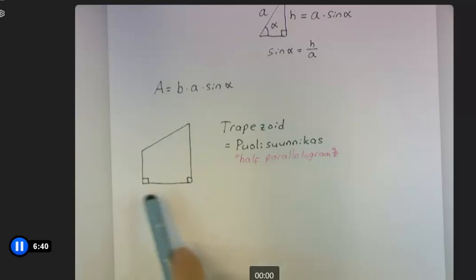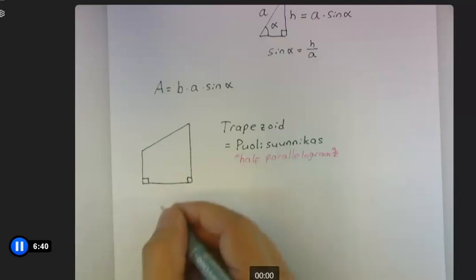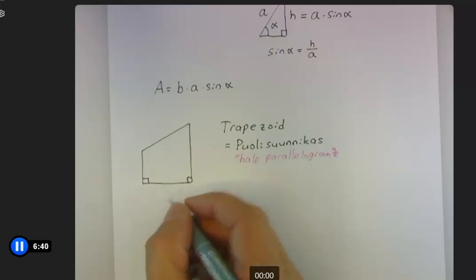Mostly one side of the trapezoid is horizontal, two sides are vertical, and the fourth side is whatever. But the same formula holds for all kinds of situations.